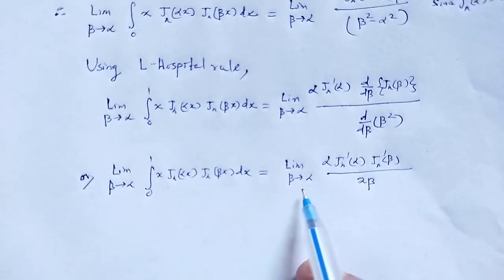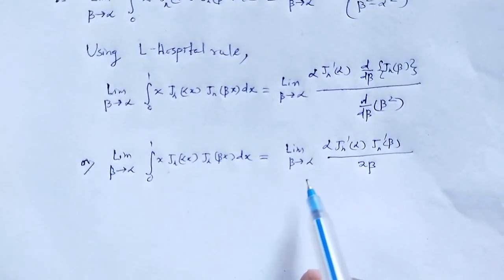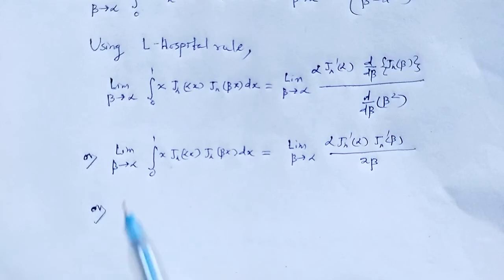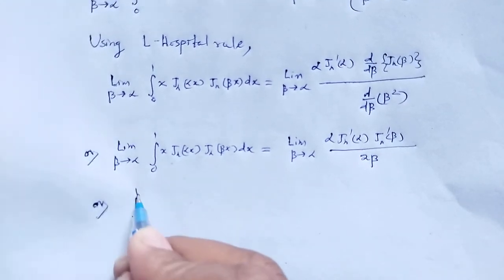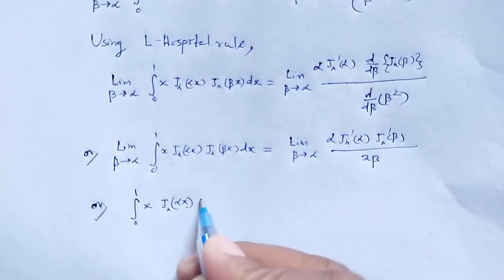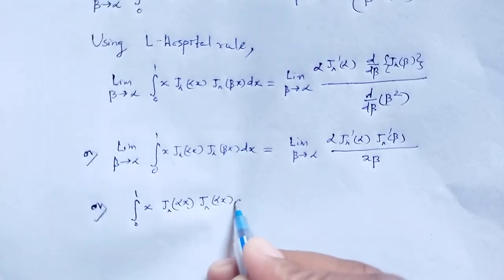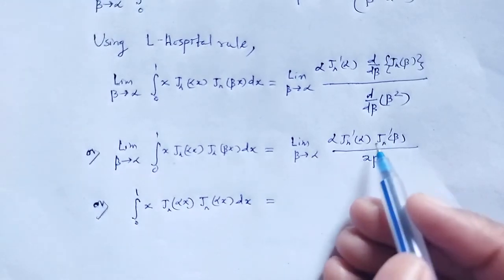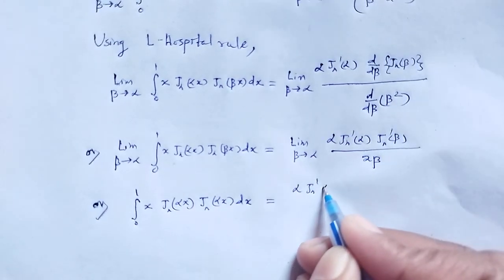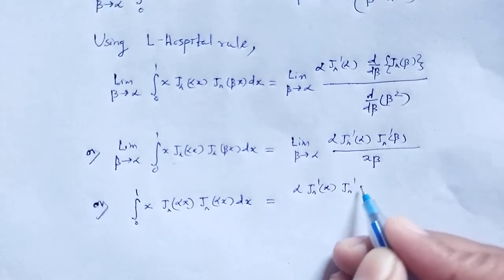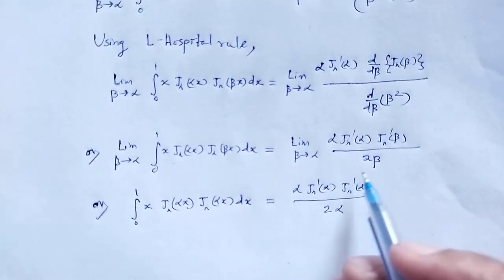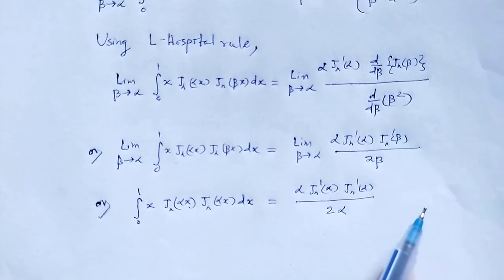Now we use that limiting value concept, that is beta tends to alpha, in place of beta we substitute alpha, therefore integration from 0 to 1 x Jn alpha x Jn alpha x dx is equal to alpha Jn dash alpha divided by 2 alpha.